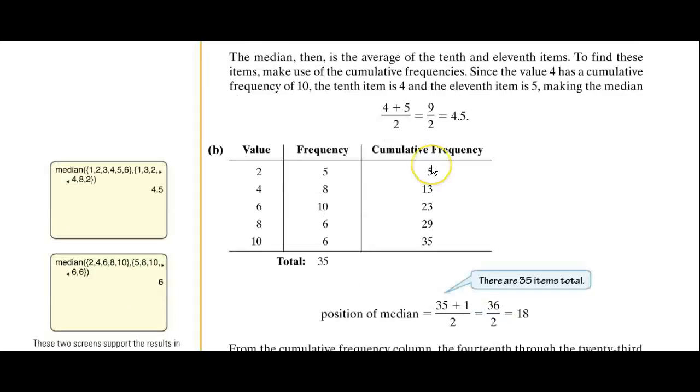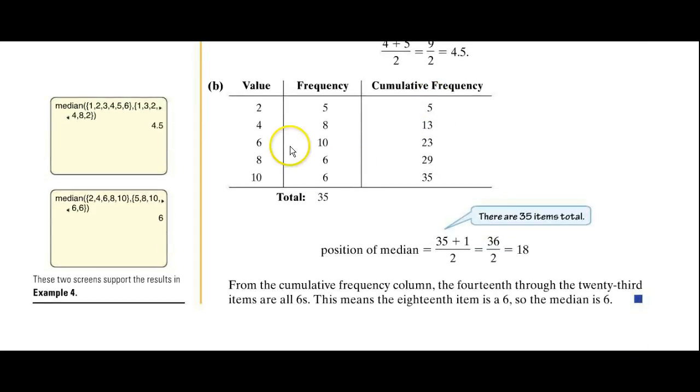Now in looking at B, these are our frequencies and our values. Putting them into a chart, we multiply through, and we get a value of 35 as the sum of our frequencies. So 35 plus 1 is 36, divided by 2, which will give us 18.